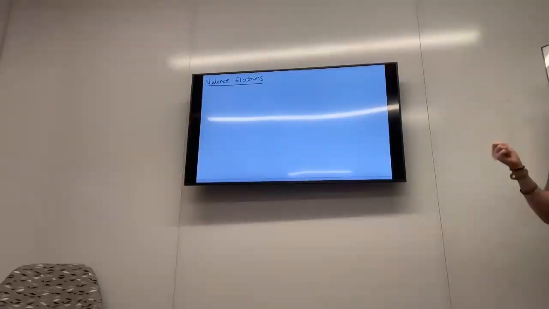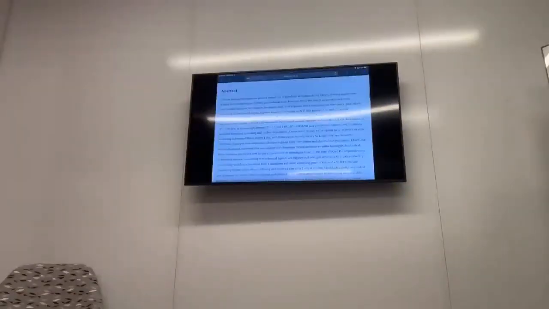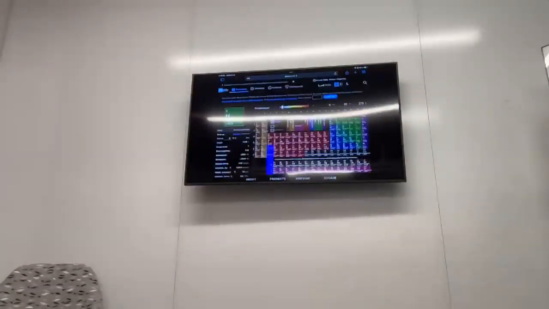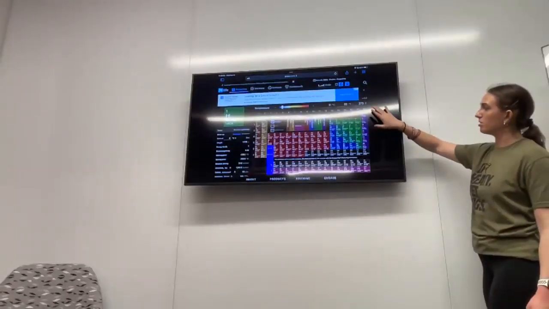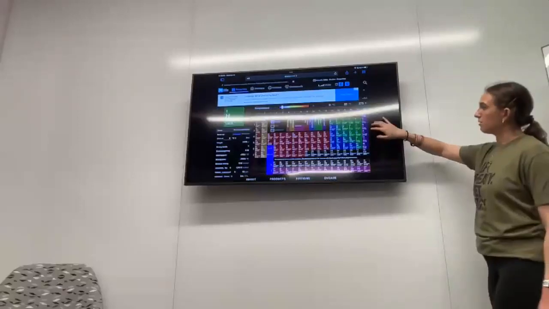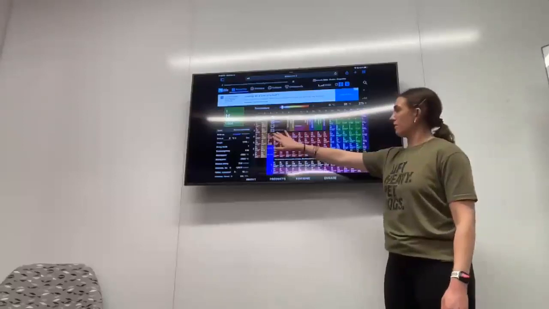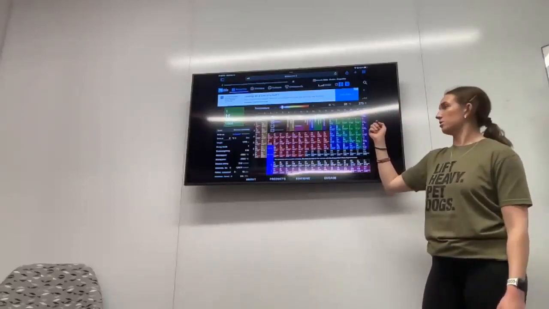When we look at valence electrons, we can consider our valence electrons everything outside of that noble gas notation that we talk about. So we look at the periodic table, right? Our noble gases are going to be in purple here. If we're looking at argon and anything in this fourth period, all of these would be valence electrons, because argon was the most recent noble gas that we looked at.